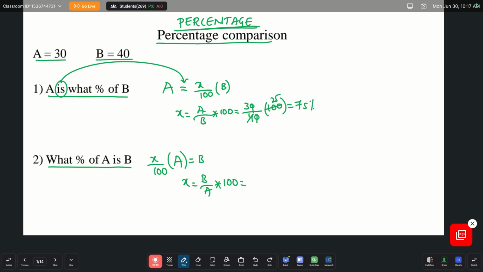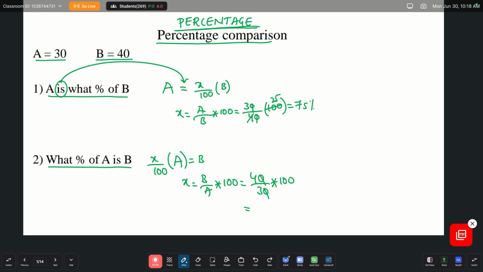B equal to 40 by 30 into 100. Again 0 is cancelled. So we are getting 4 by 3 times 100. We need to cancel, 100 by 3. How many times is it getting? So we are getting it in decimal points.